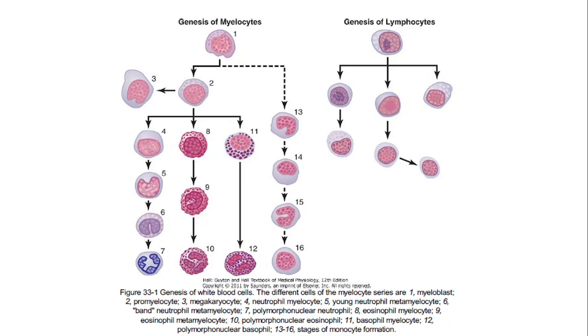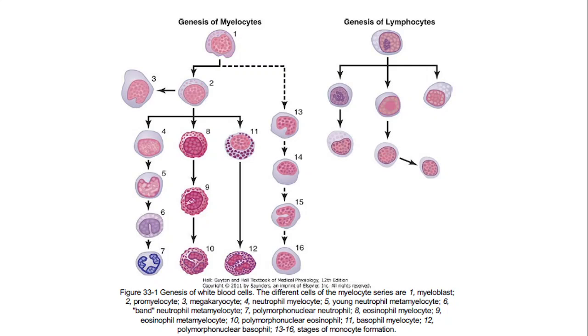We can divide the white blood cell on the basis of presence of granules in the cytoplasm into granulocyte or agranulocyte. If granules are present, we call it granular white blood cell or granulocyte. They consist of neutrophil, basophil, and eosinophil.